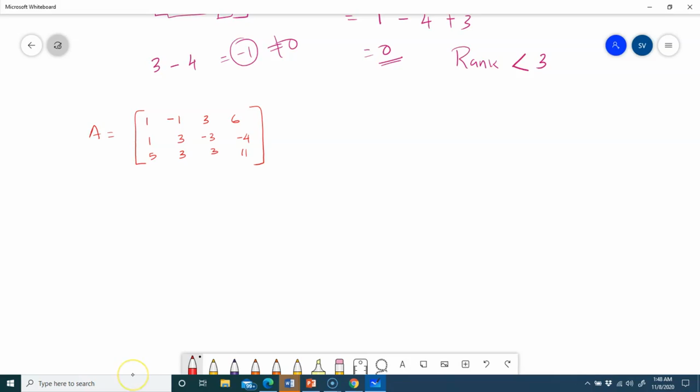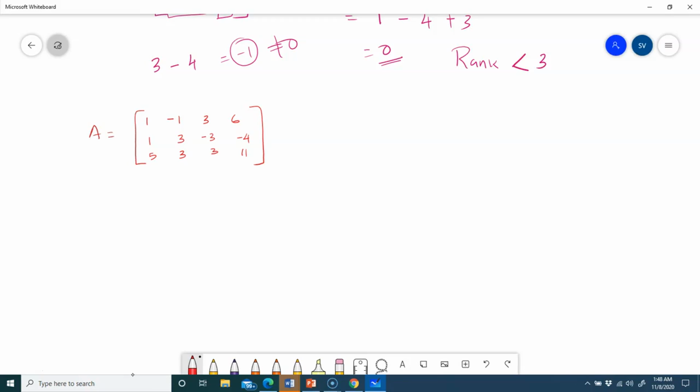In all the problems of finding the rank of a matrix, we can use this method. This is a very solid and effective method to find the rank of a matrix.